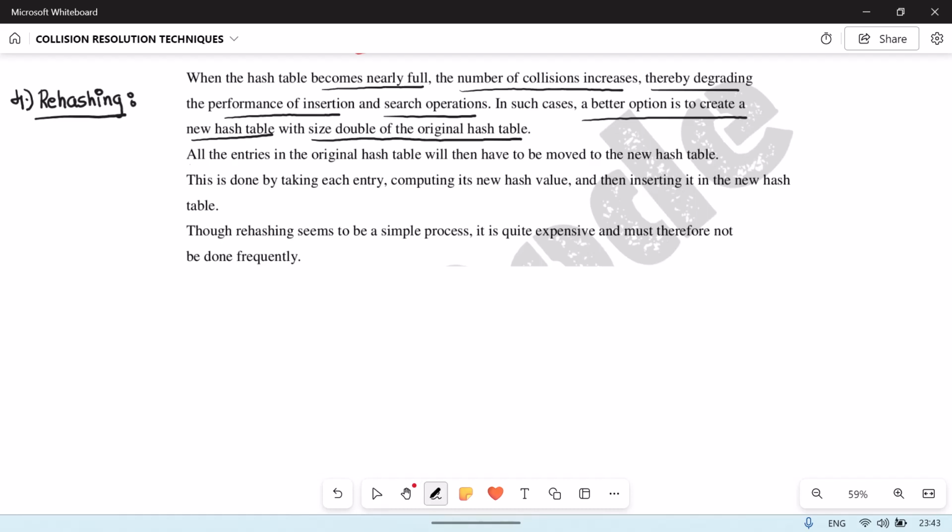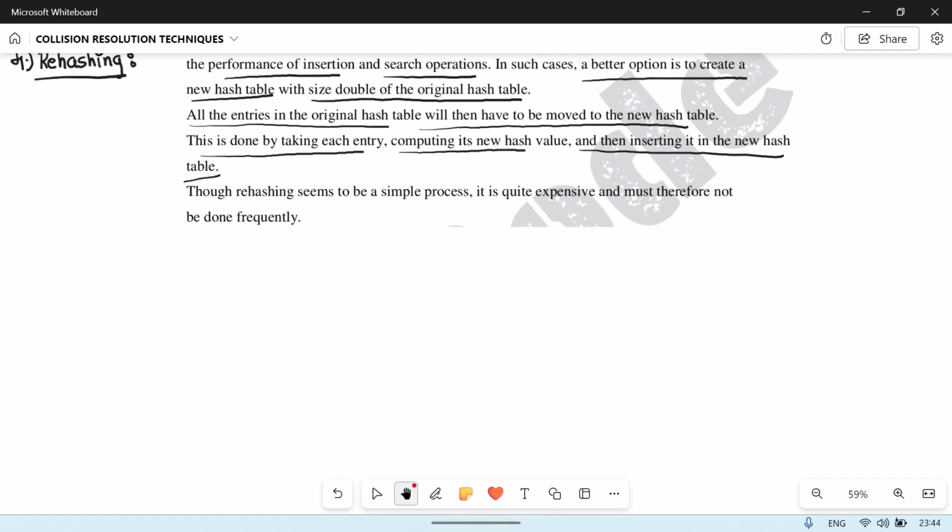All the entries in the original hash table will then have to be moved to the new hash table. This is done by taking each entry, computing its new hash value, and then inserting it in the new hash table. Though rehashing seems to be a simple process, it is quite expensive and must therefore not be done frequently.